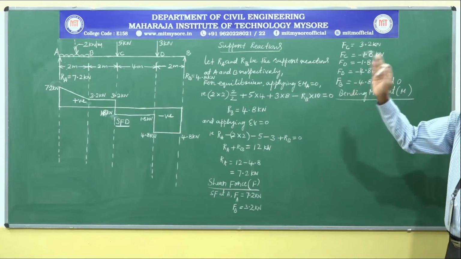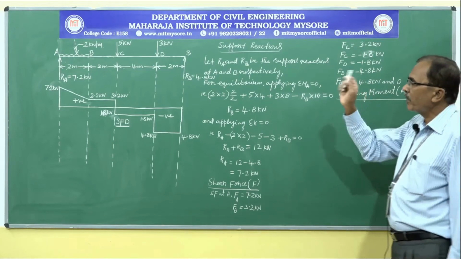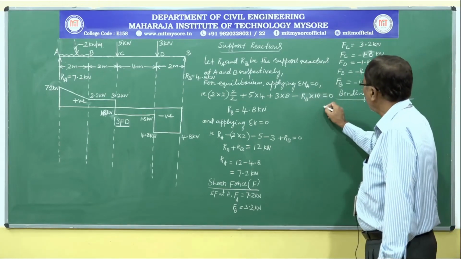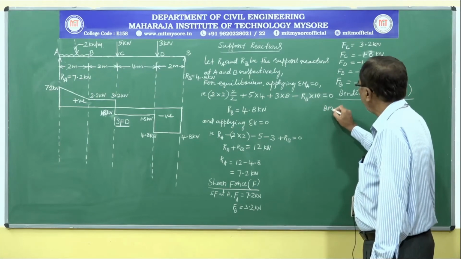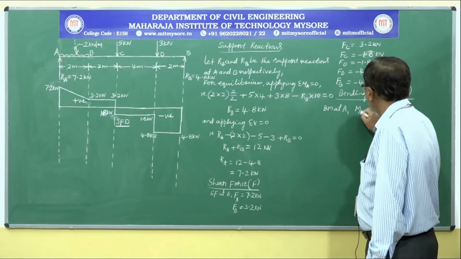Again, let us proceed from left hand side to right hand side to calculate bending moments and to draw the bending moment diagram. Consider point A. Bending moment at A, MA.